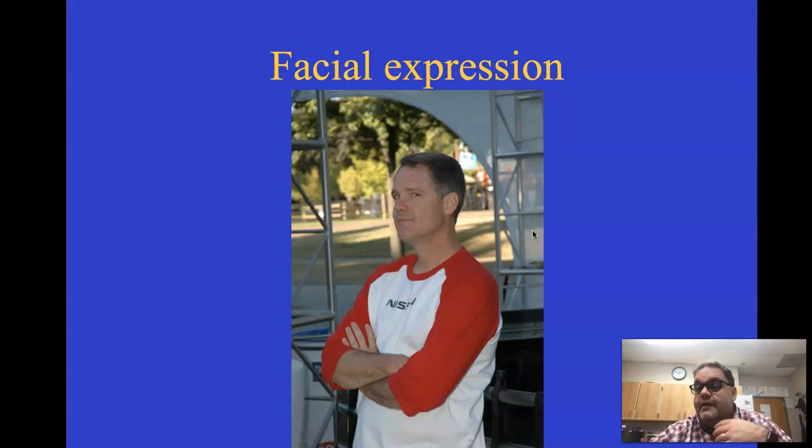So for me, looking at that picture, you could say perhaps distrust is what he's giving off to the world, simply because his body is away from us a little bit. His eyes are looking off to the side. He's looking at us as if we're a little shifty or shady.